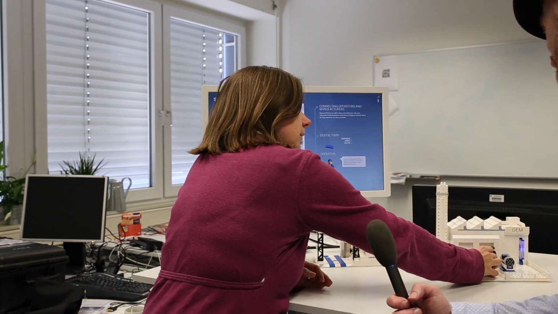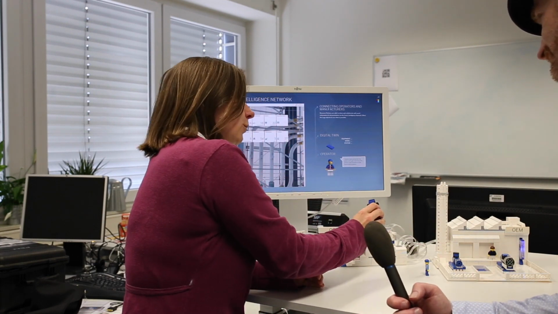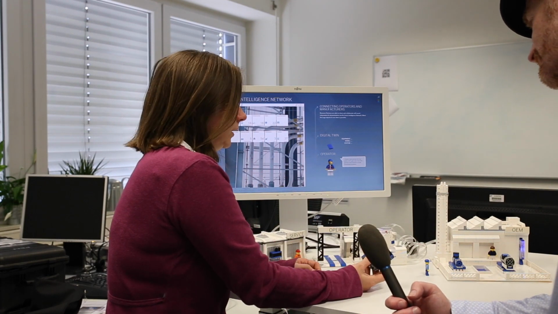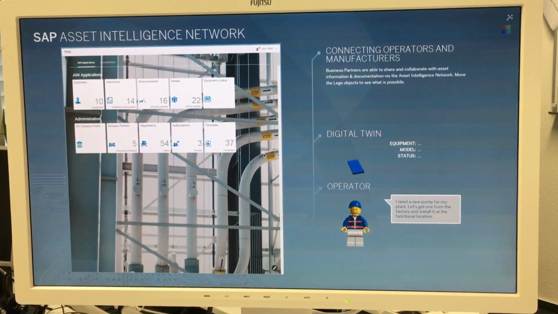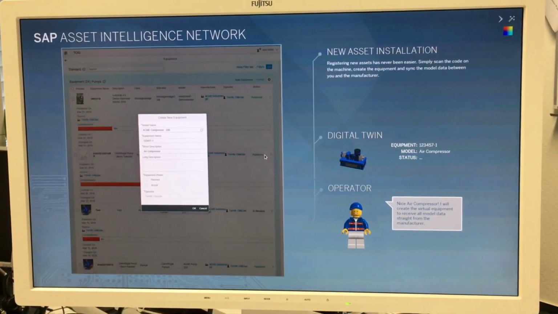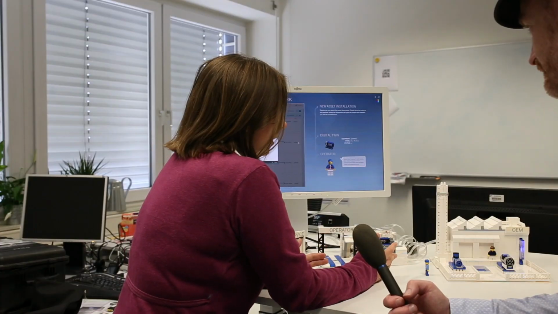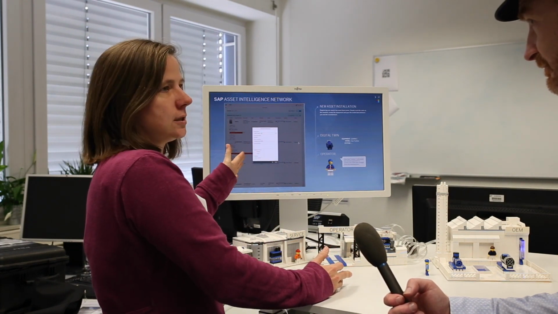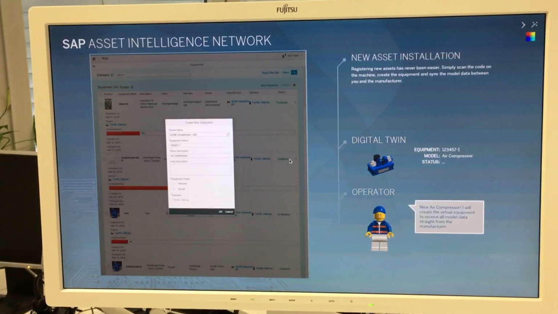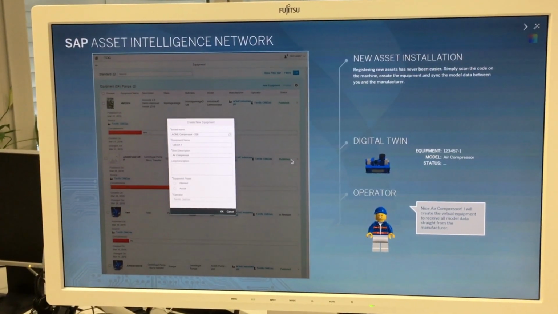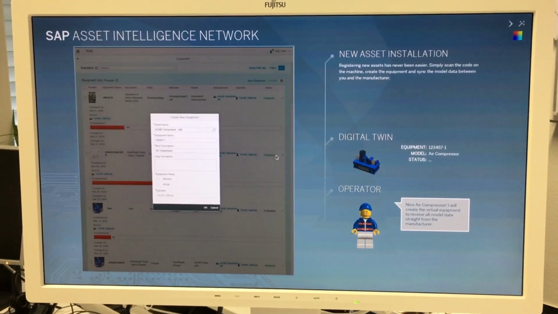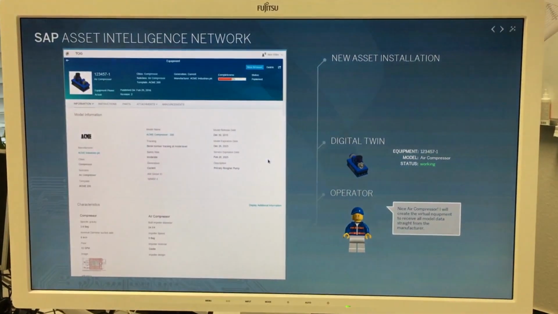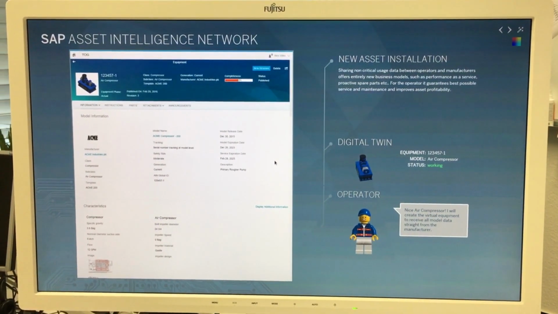Okay. So when the operator is now choosing a new equipment and installing it at his site, he would be able to take, via fingerprinting, information from Asset Intelligence Network that is made available by the manufacturer and basically copy that to his own equipment. And that's what we have done now here.